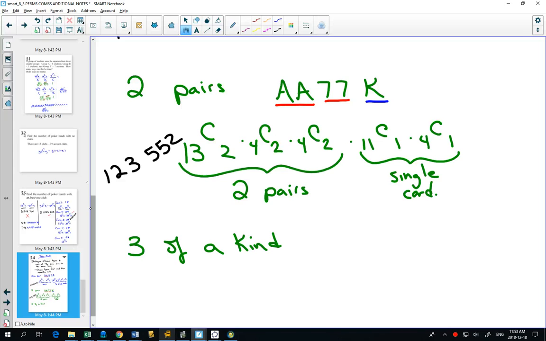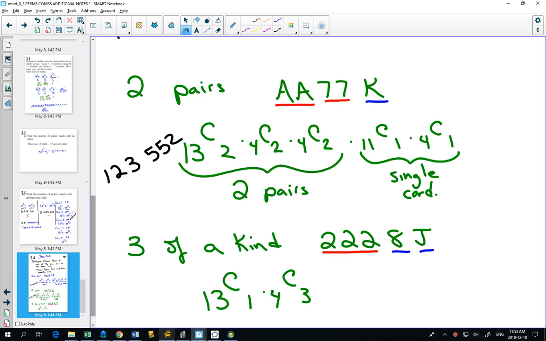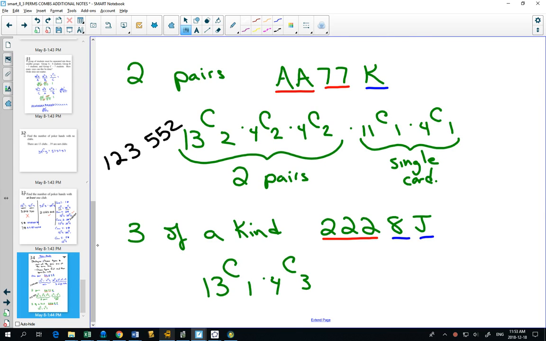3 of a kind. That would be like getting 3 2s, an 8, and a jack would be an example of 3 of a kind. So your 3 of a kind is one size, and you have 2 single cards that go with it. So if we're doing our 3 of a kind first, 13 cards, choose one of them, and then if you chose 2s, there's 4 2s, you need to choose which 3 2s you're going to keep.